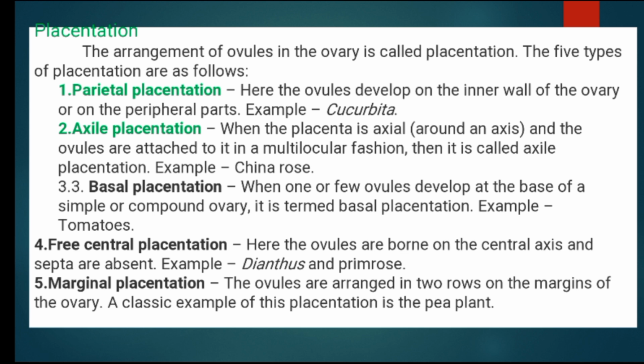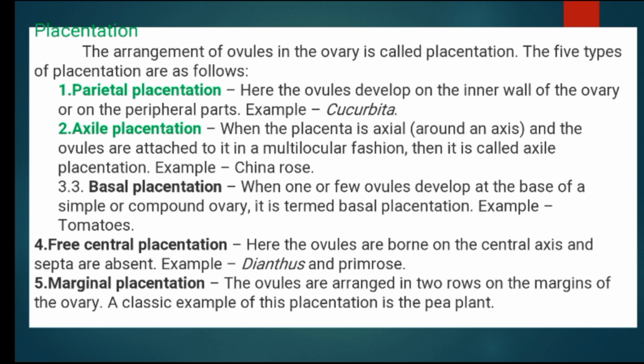The next type is basal placentation, when one or few ovules develop at the base of a simple or compound ovary. Means the ovules are attached to the placenta at the basal region of the ovary chamber or ovary wall.